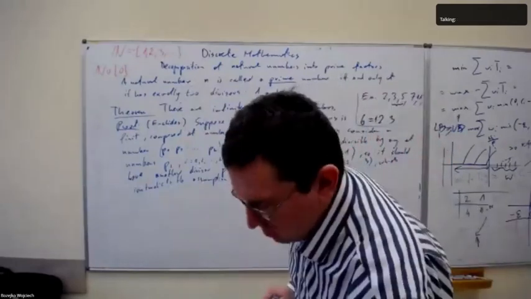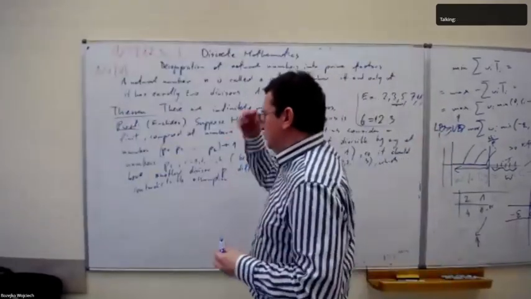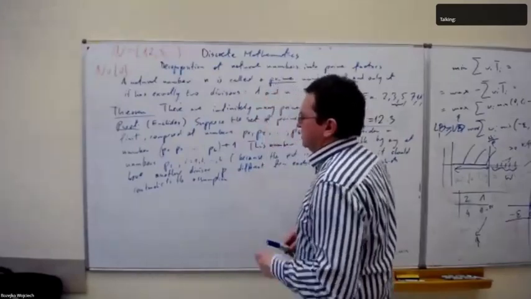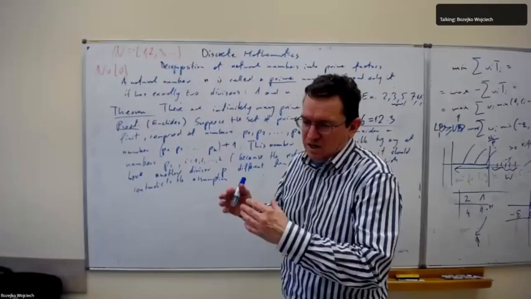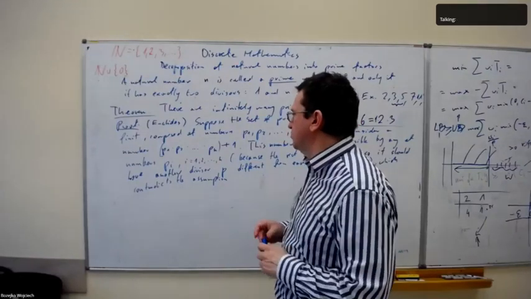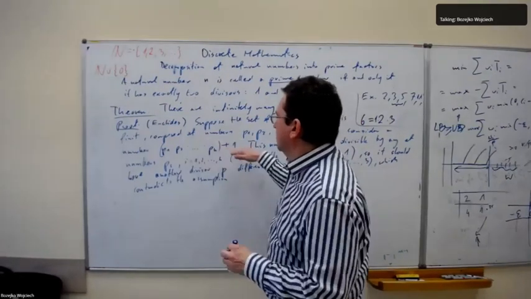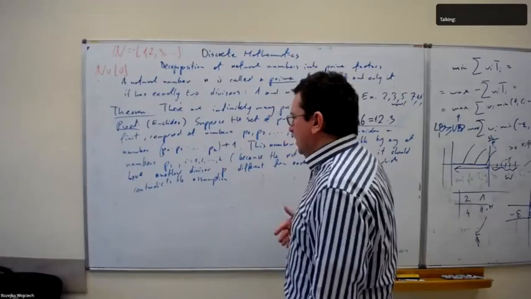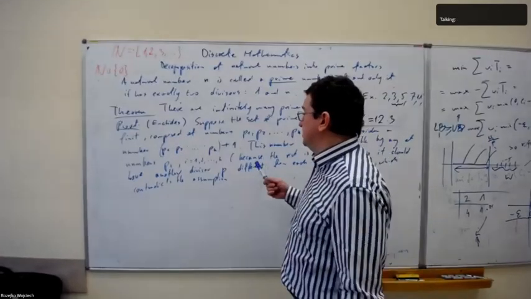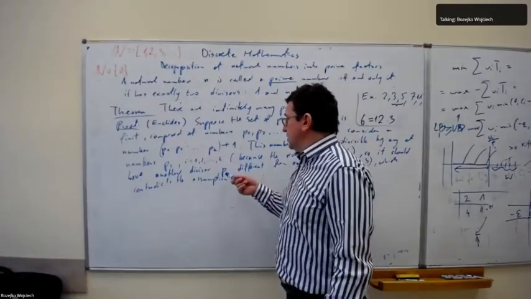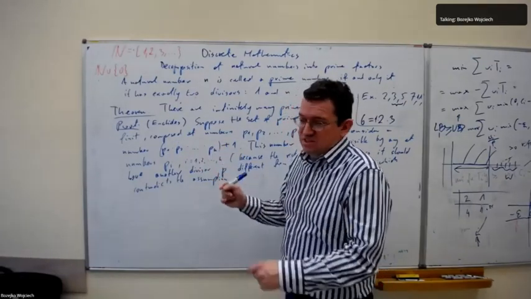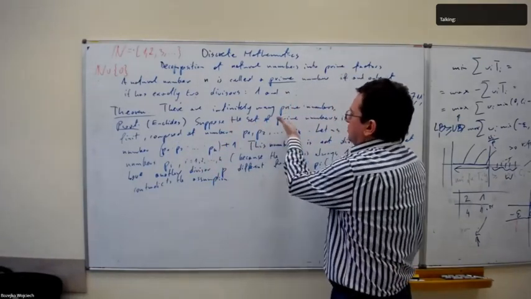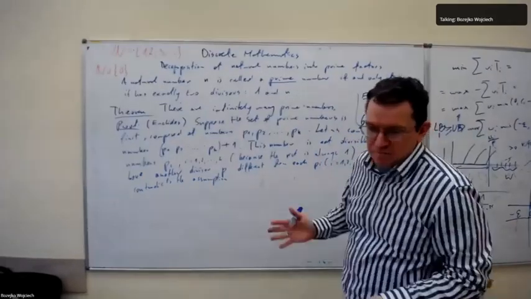Of course, this is just a skeleton of the proof. We can also say that this number is a new prime number. This is one conception of the proof. This number, we can call it Pk plus 1. Also, we can show that if it is not a prime, it should have a divisor, and this divisor is not in this set, but this set should be complete. We suppose that this is a set of all the prime numbers.